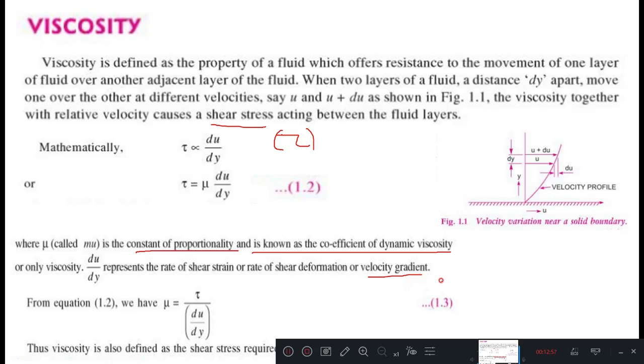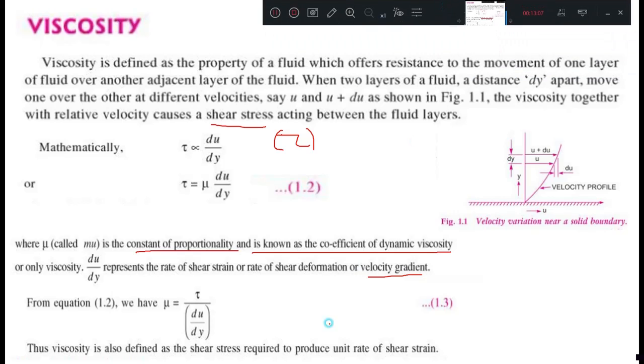From equation 1.2 we can write mu equal to tau divided by du by dy. Hence viscosity is also defined as the shear stress required to produce unit rate of shear strain. So this is called viscosity.